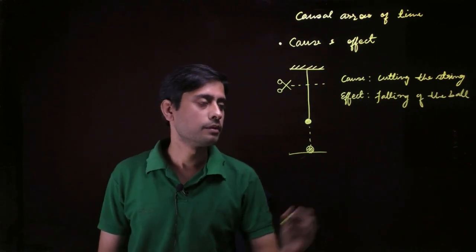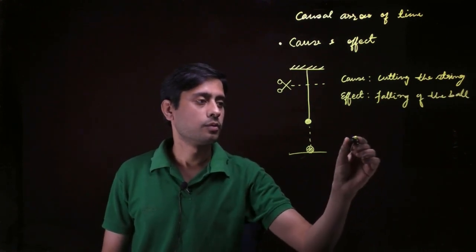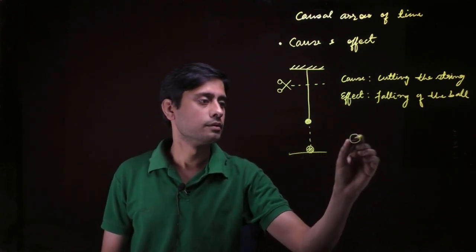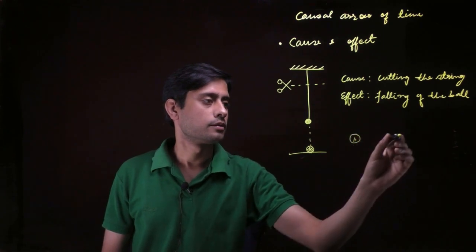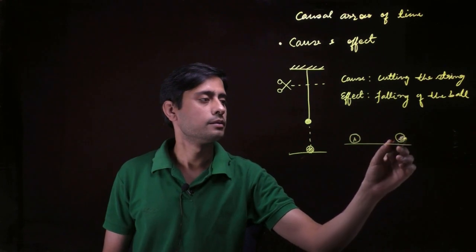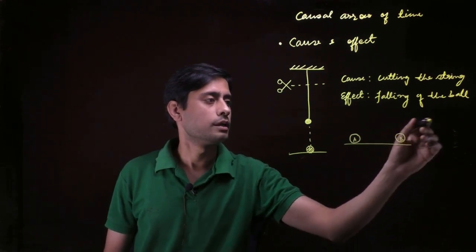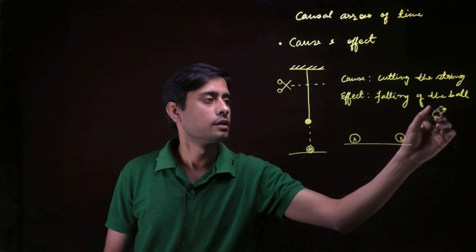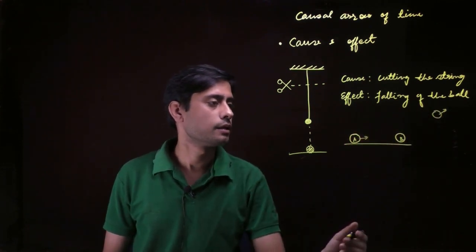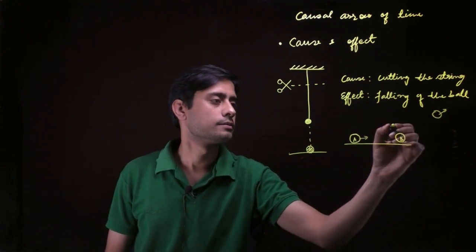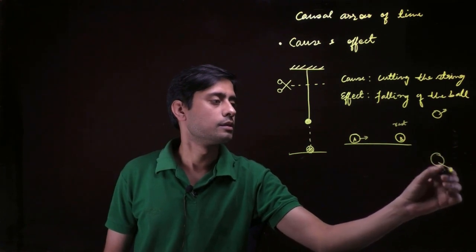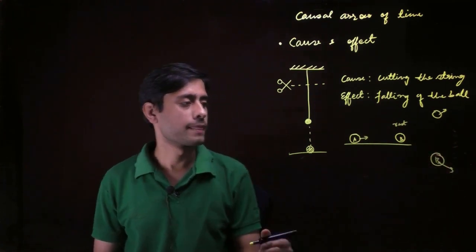Another example may be the case of a billiard ball in which a ball A strikes another ball B, and after that they move in any direction. Like A is moving in this direction and B was at rest, and after the collision B is moving in this direction.